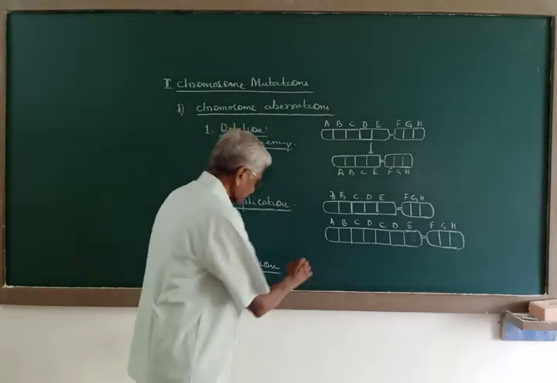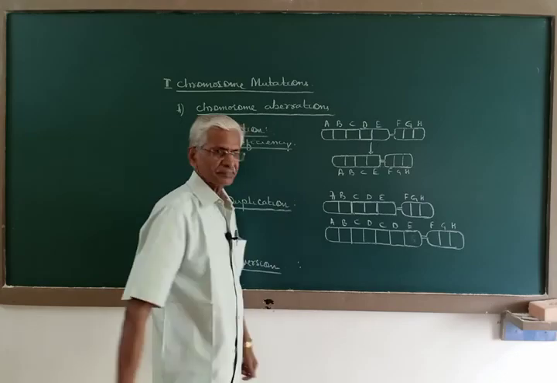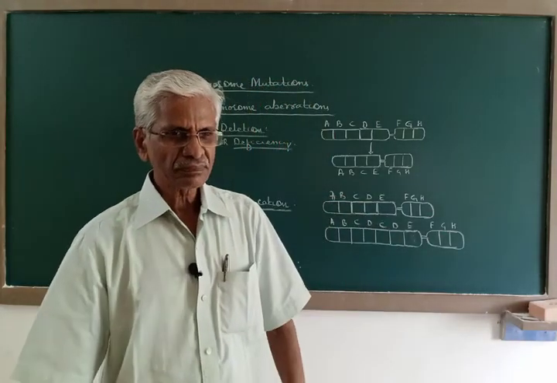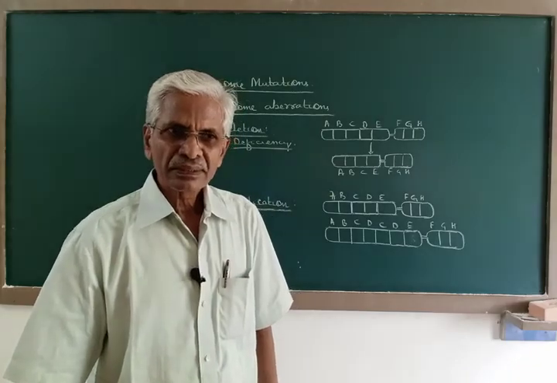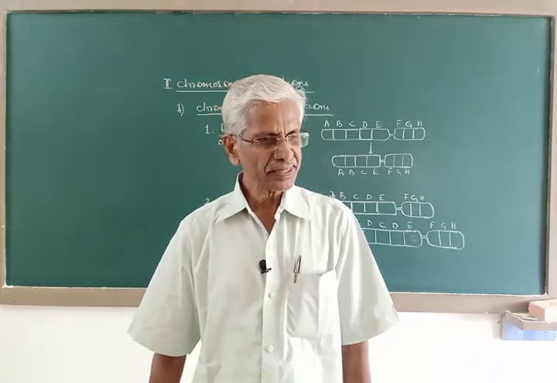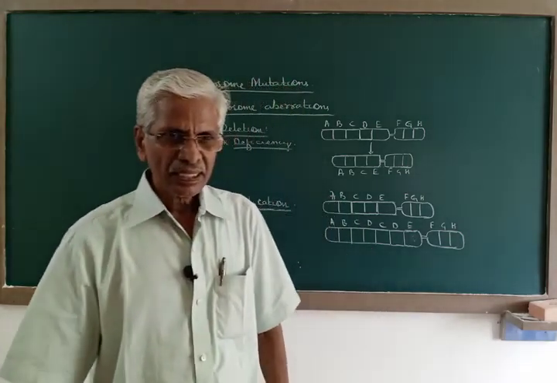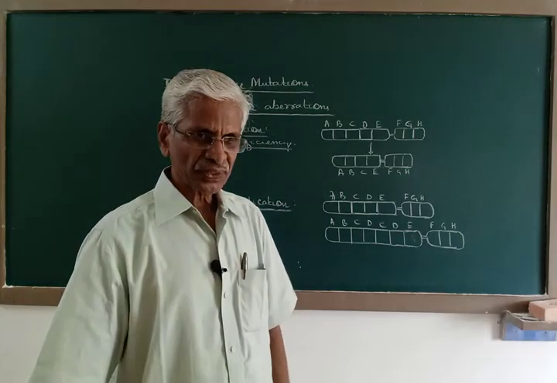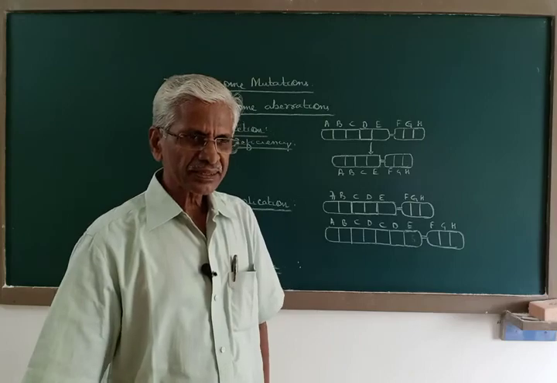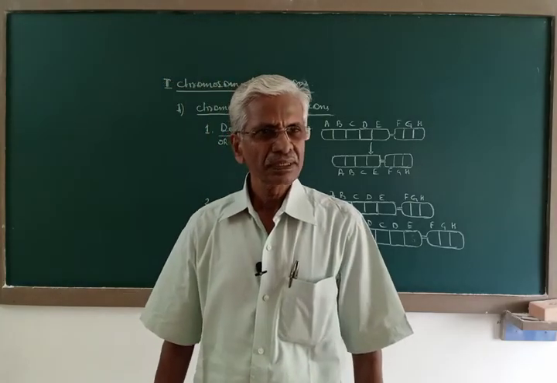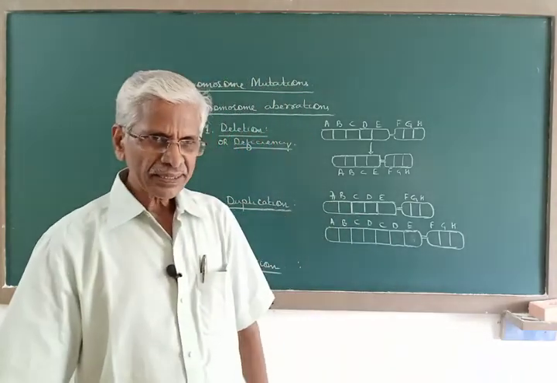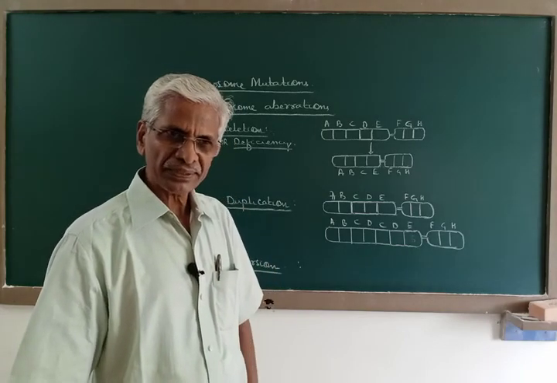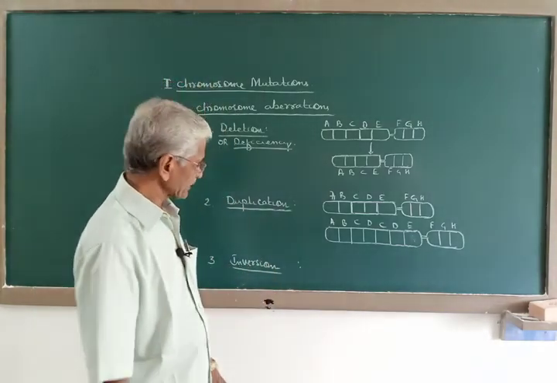Now, in this type, a segment of the chromosome gets separated and joins again the same chromosome by reversing itself, by rotating itself by 180 degrees.